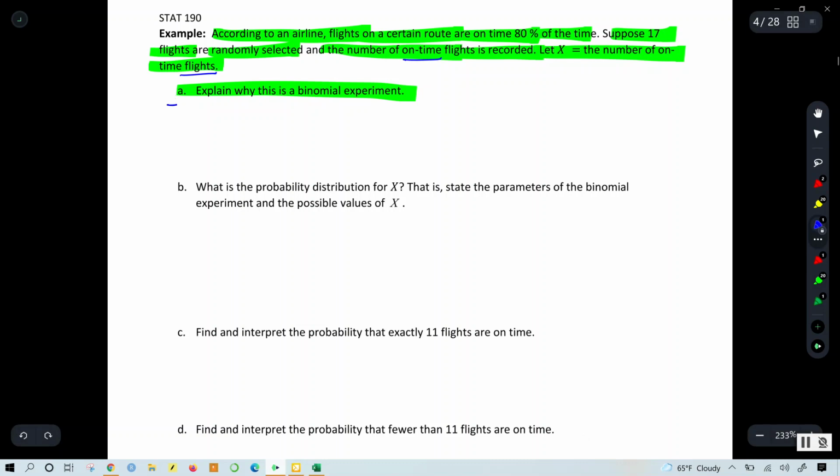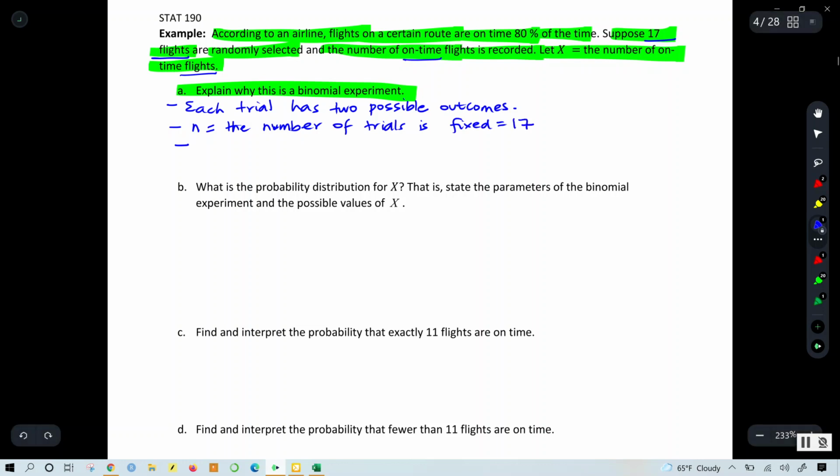So that's the first thing. Each trial leads to two possible outcomes. The next condition or observation is that we are trying exactly 17 flights. So we have n, the number of flights or the number of trials. The number of trials is fixed. We're only trying 17.